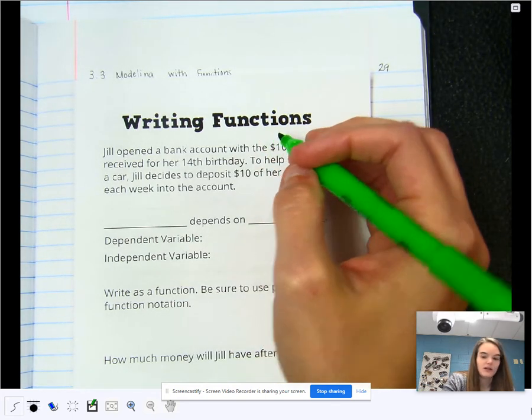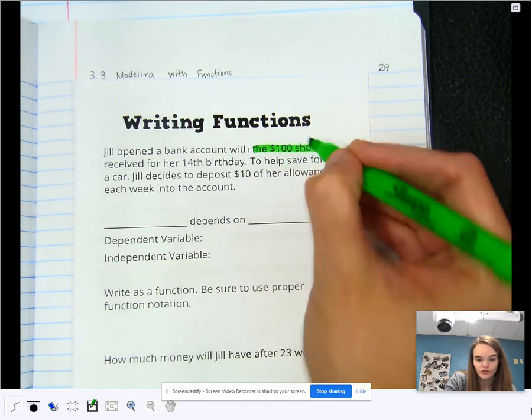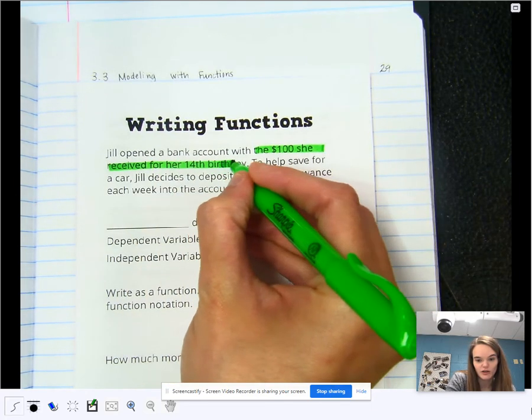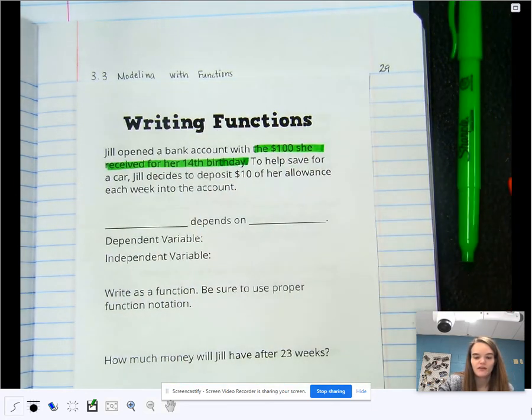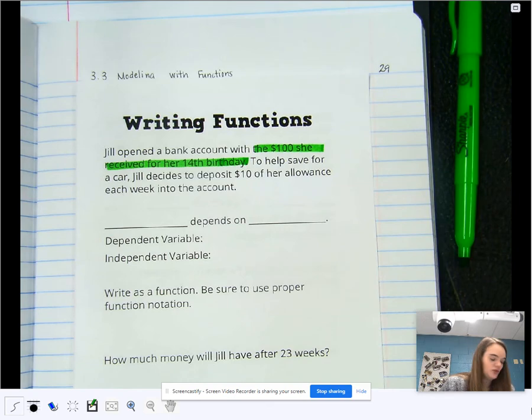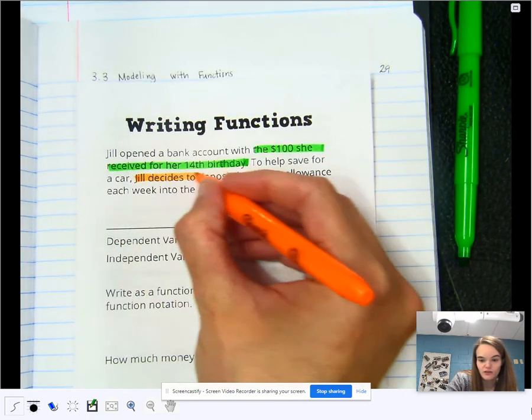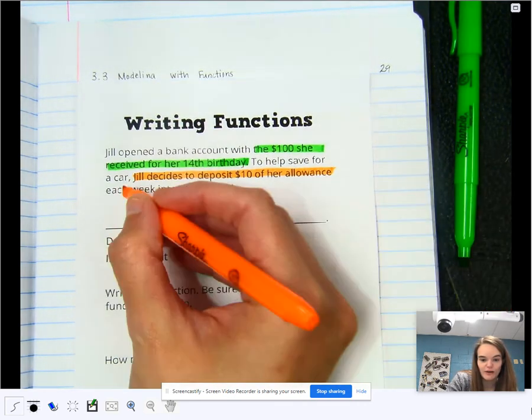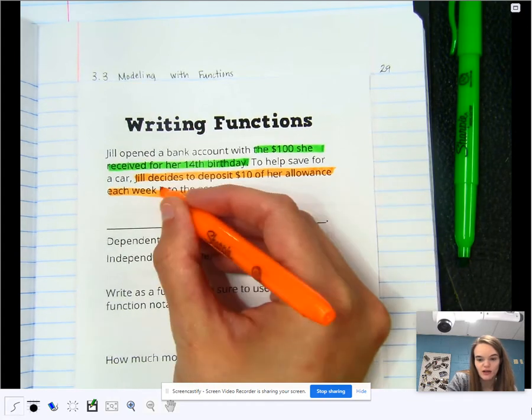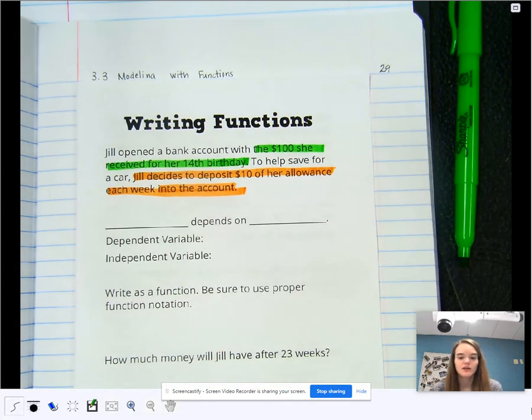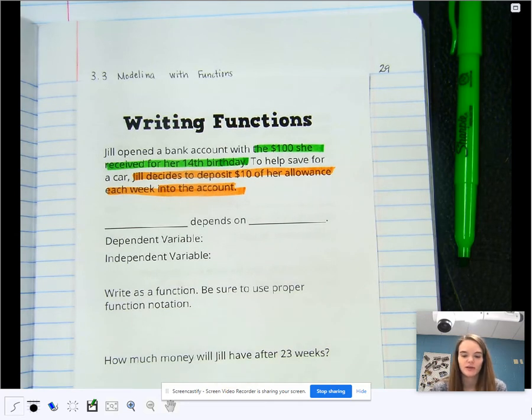We're going to come back to independent and dependent variables because I find that it's easier to identify them after I have a function, and you're going to see what I mean by that.